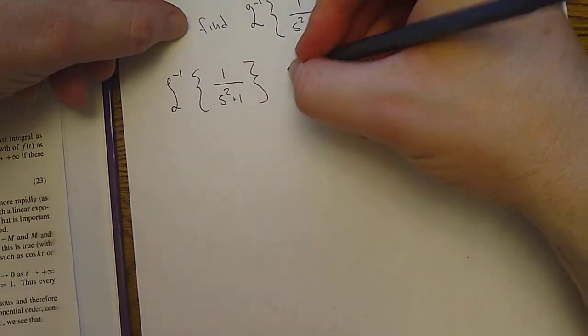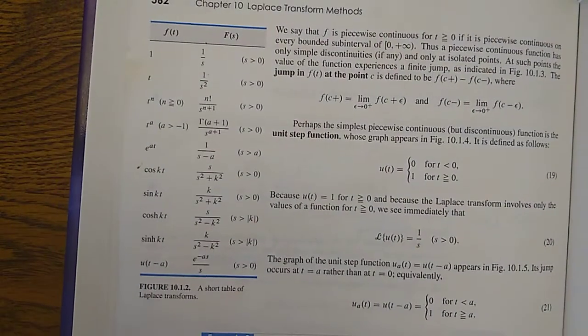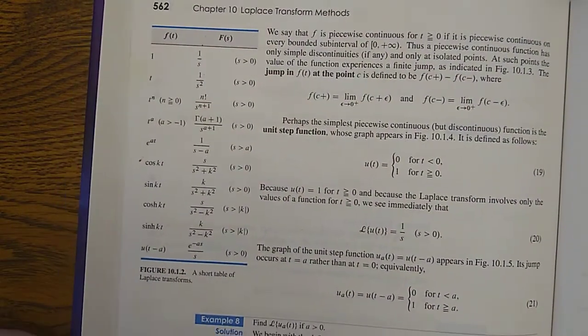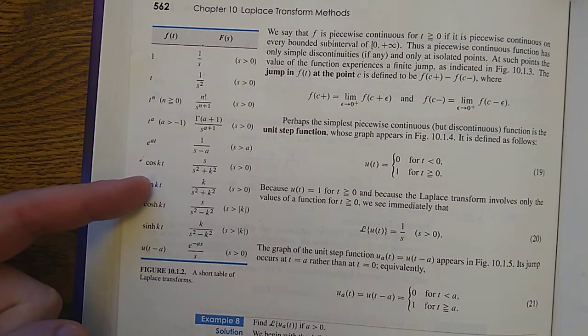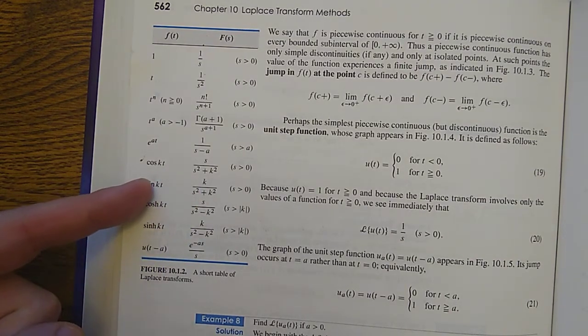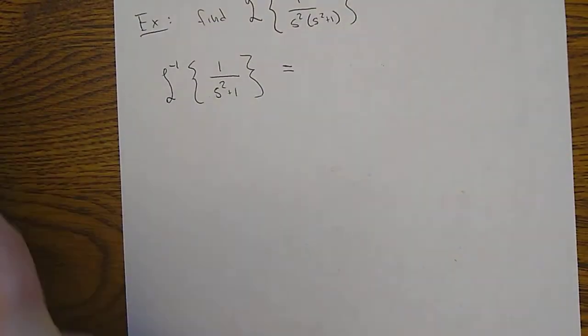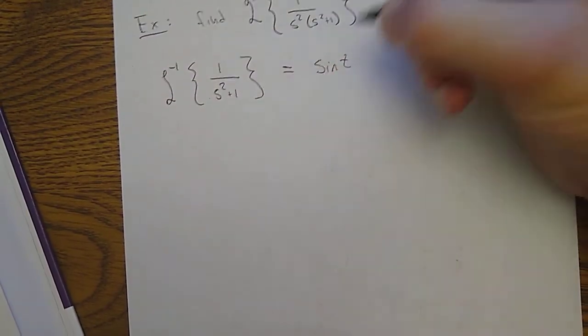Okay, so here I go. This one is either sine or cosine. I was just bragging about how much I remember, and now I forget. So sine is the one without any s's on top. So this looks like k is 1. I get 1 over s squared plus 1. So this is sine t.